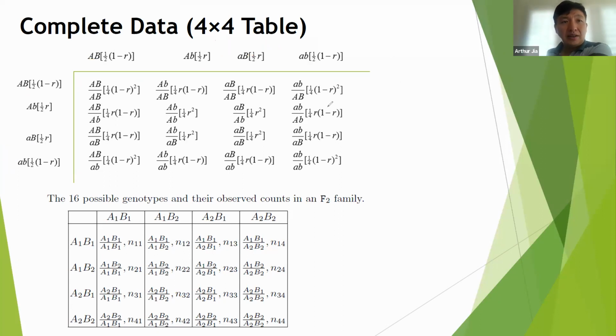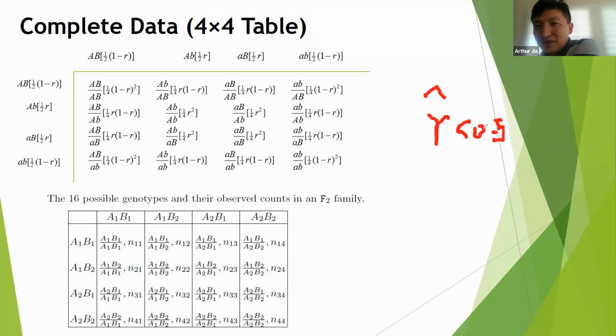Remember, here we're talking about 2 genes A and B, and these 2 genes are no longer independent; they are linked. So how do we denote the linkage between A and B? Use something we have learned. Can we use r? Yeah, we use r to represent the linkage between A and B, right? If this r is less than 0.5.